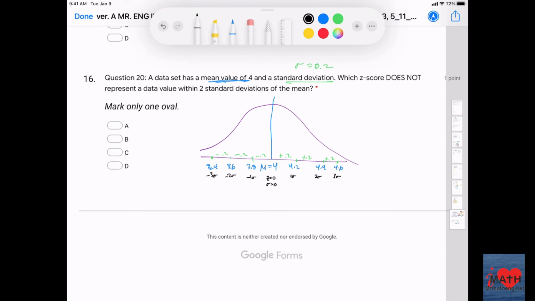Which z-score does not represent a value within 2 standard deviations of the mean? Okay, so 2 standard deviations of the mean would give us right here. Why? Because that 2 represents that 2.